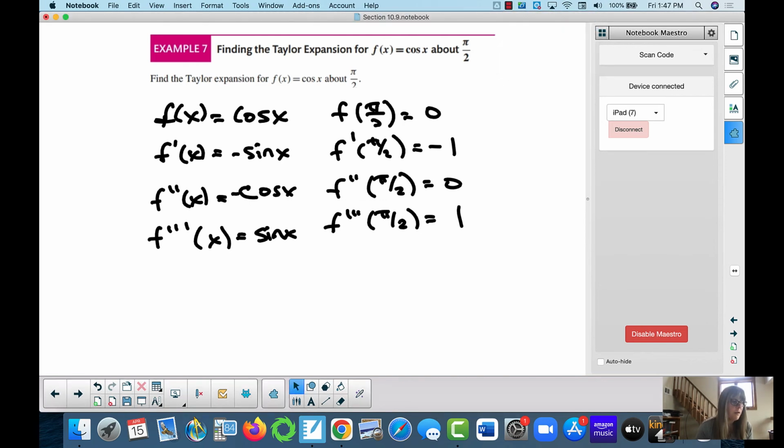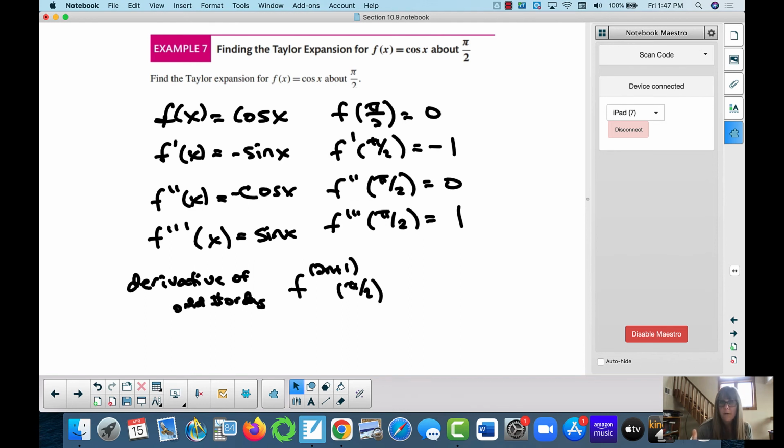So from here, we can see that anytime the derivative order is an odd number, we get f. So an odd number would be f to the 2n plus 1 of pi over 2. That represents all the odd numbers, that we're going to get negative 1 to the n plus 1 power.